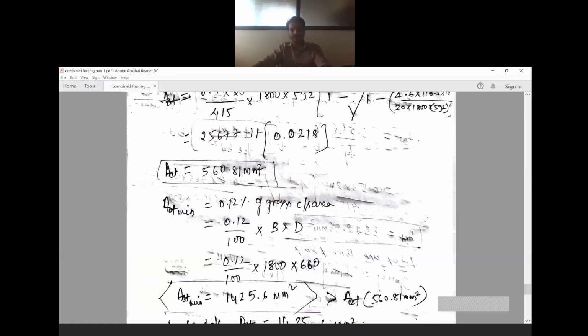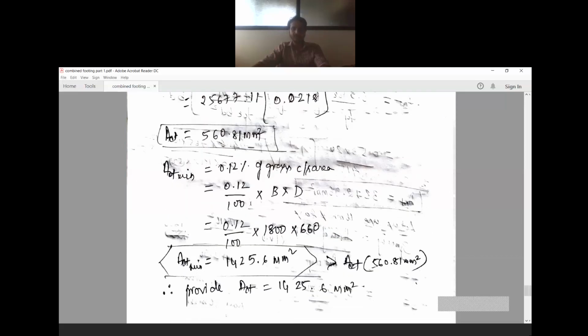See here, the value of AST is very less. So there is one requirement according to limit state design, that is the minimum area of steel to be provided. The minimum area of steel for any cross section is 0.12% of the gross cross-sectional area, that is B into D, where B is width and D is depth.